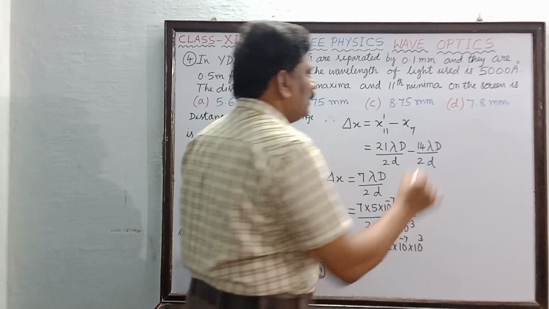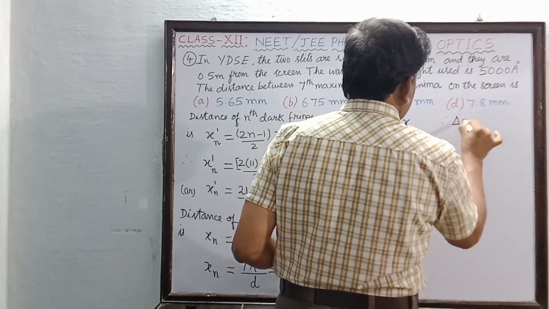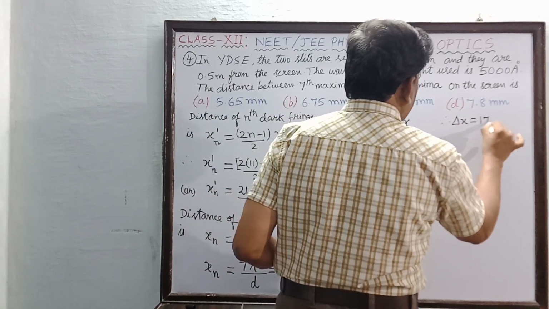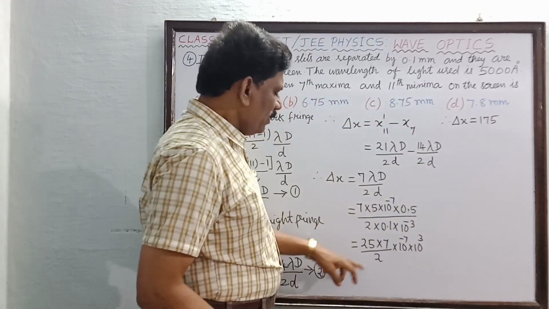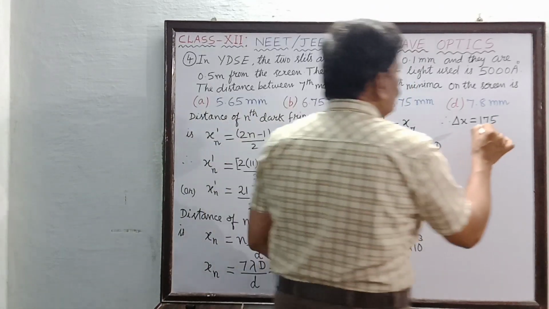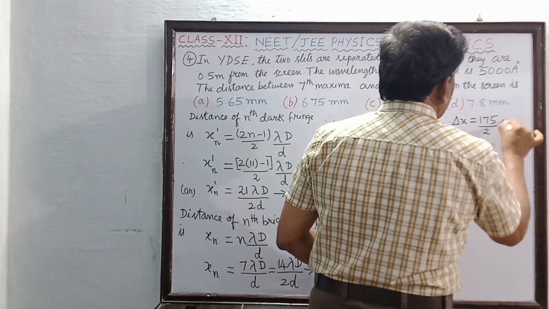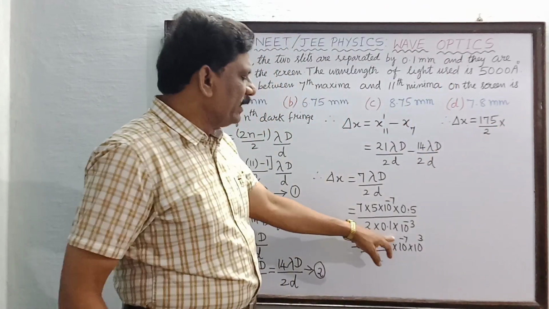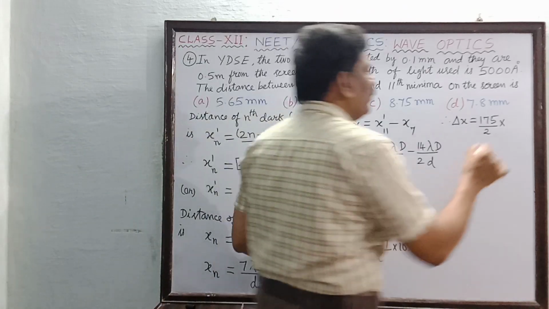Therefore delta x is equal to 175 divided by 2 into 10 power minus 7 into 10 power 3, which is 10 power minus 4.